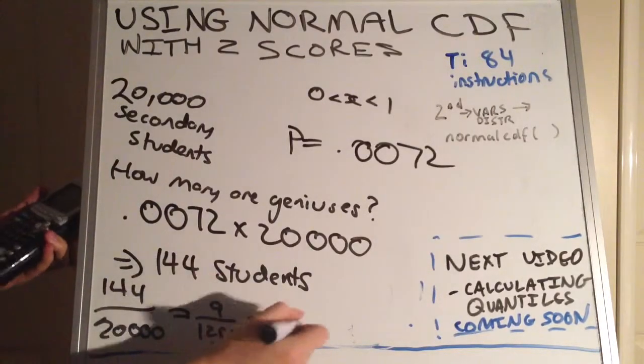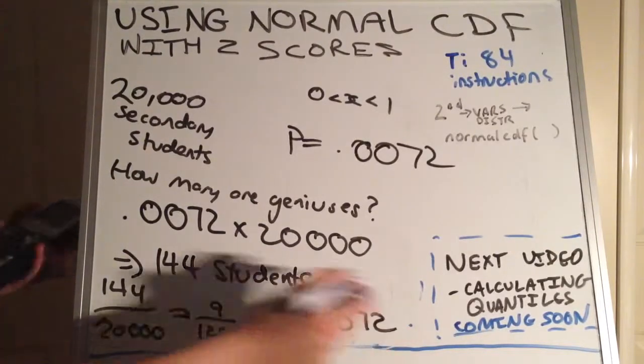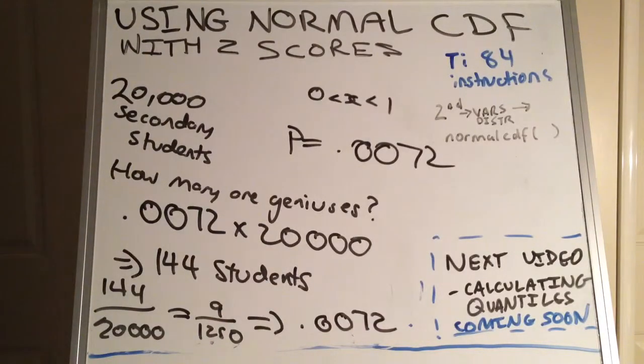But again, it's the same as before, 0.0072. So it's a very minute set of circumstances within the population there. There aren't that many geniuses. By proportion, anyway.